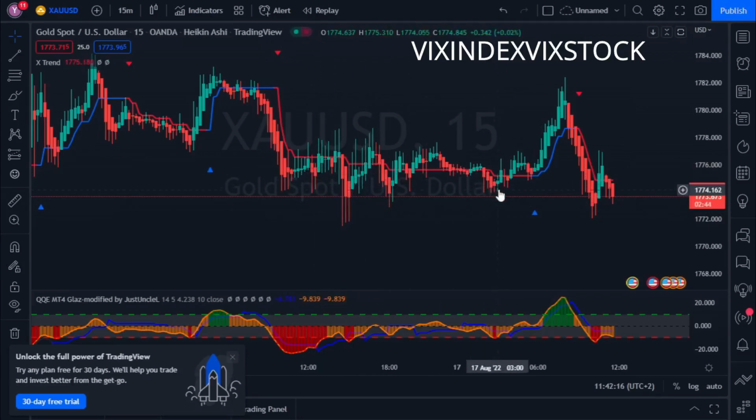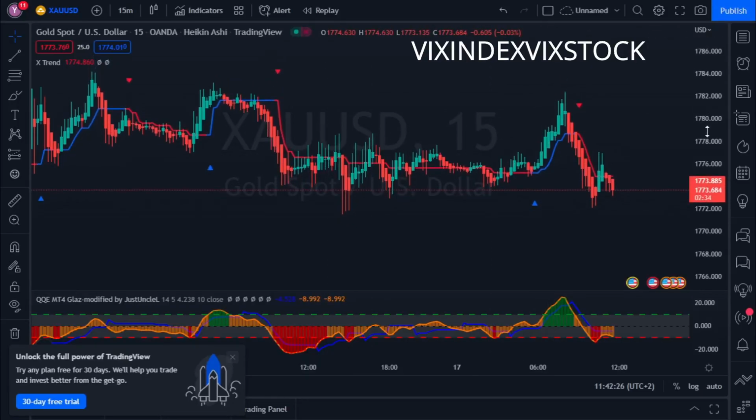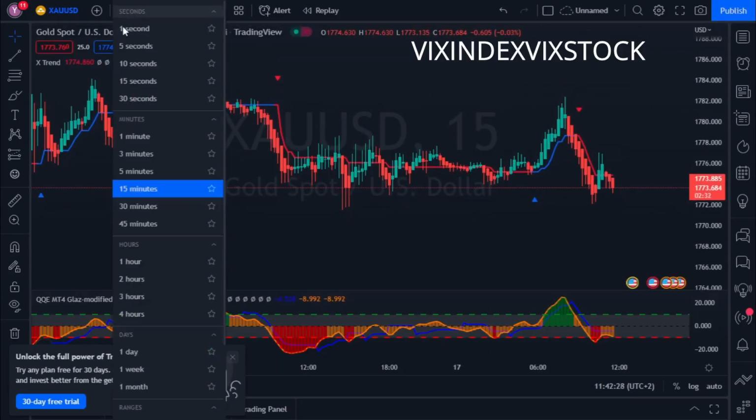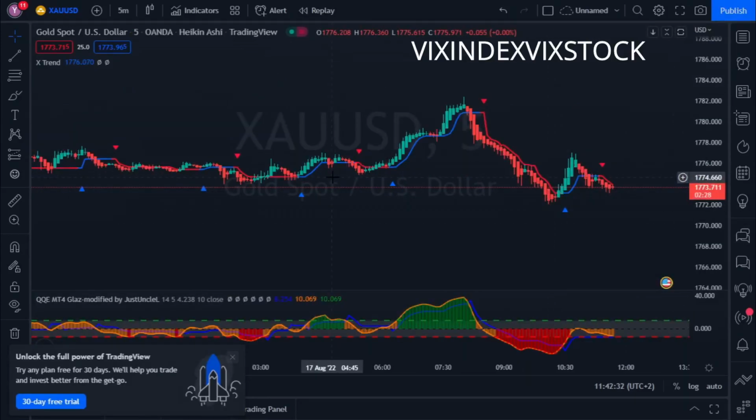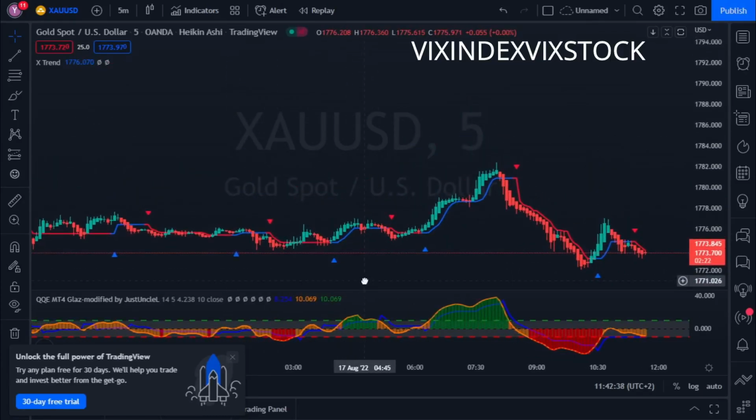For example, you wouldn't be trading this on gold during this time on the 15 minute time frame. So it's a good strategy that you can test. Again, if I go back to the 5 minute time frame, you can basically test this strategy and see if it can make you some money.